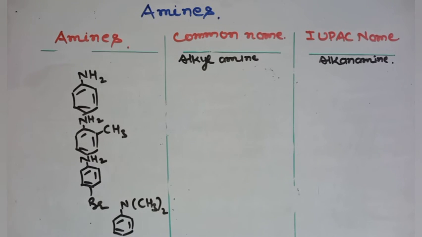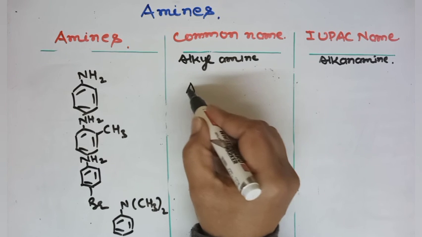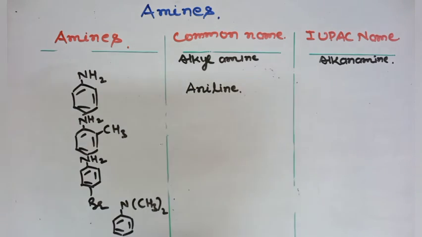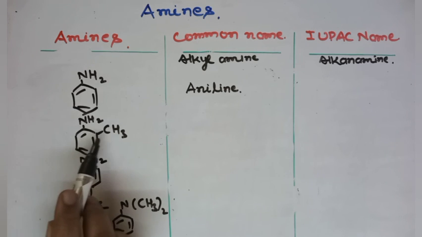Now we have four examples of the aromatic amines. If the benzene ring is connected directly with NH2, this one is called aniline. First I am writing the common names. Now this benzene is connected with NH2 and at its ortho position we have CH3.